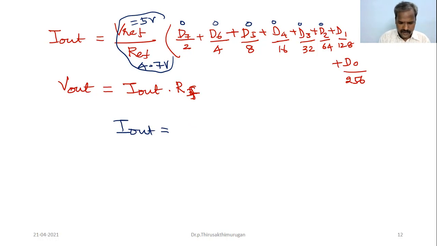Please calculate and tell me, 5 divided by 4.7: 1.064 milliampere, into 10 power minus 3, into these digital weightages. So when all the digital inputs are 0, then the current output is 0.